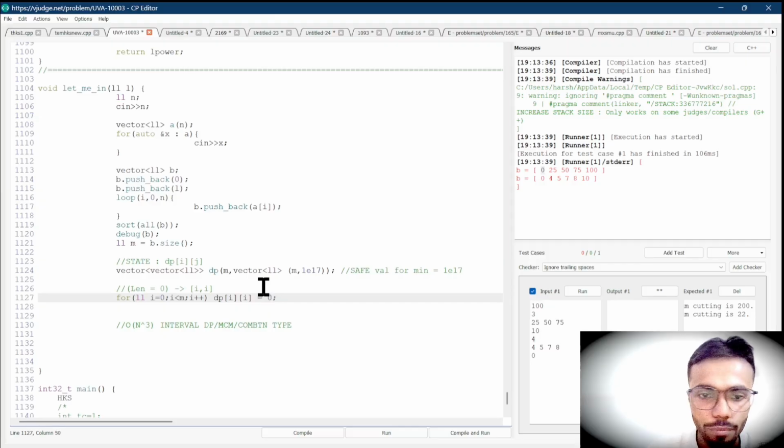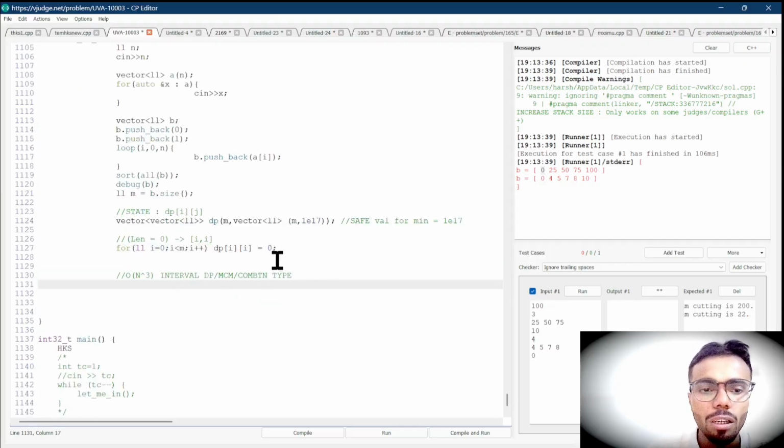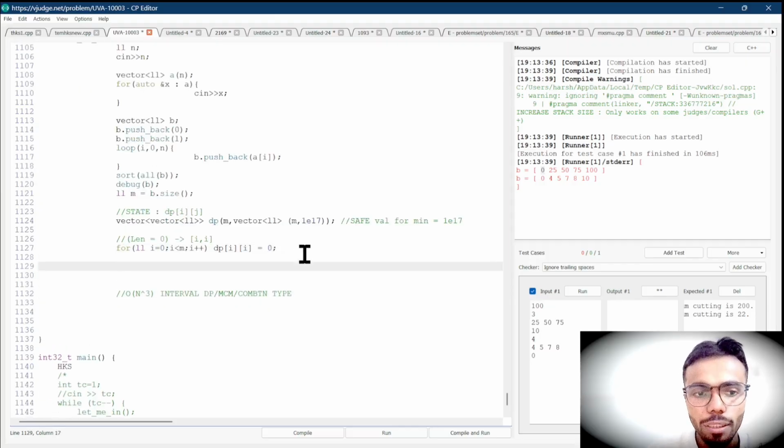Now we are looking for another base case. Basically I can say, just i and i plus 1, a segment between just 2 coordinates, like 4 and 5.